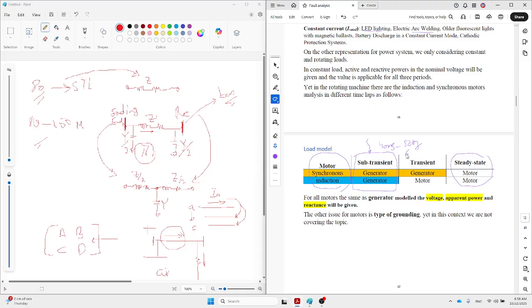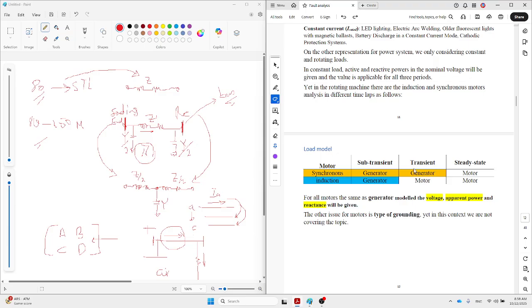If it's 60 hertz, this is equal to 60 inverse times 2 times E3, which is 33.3 milliseconds. So you must be careful about the frequency and also how many cycles I give.